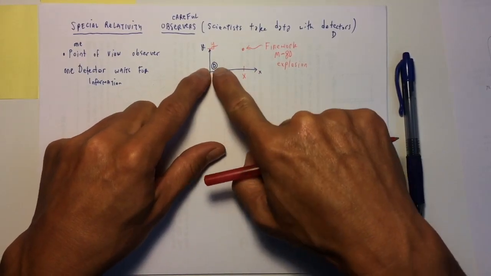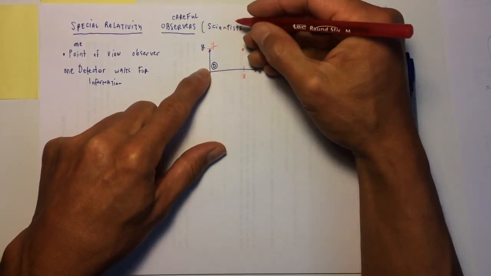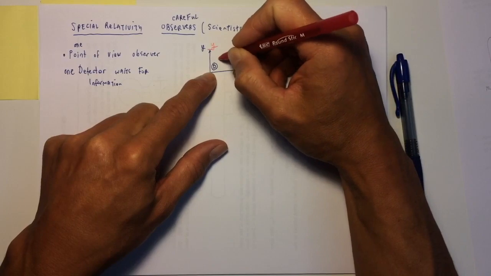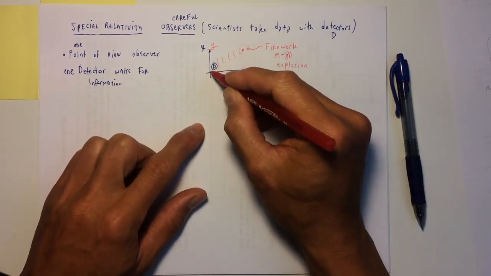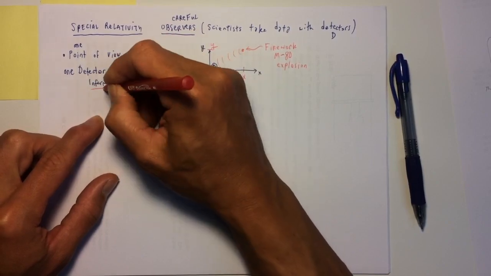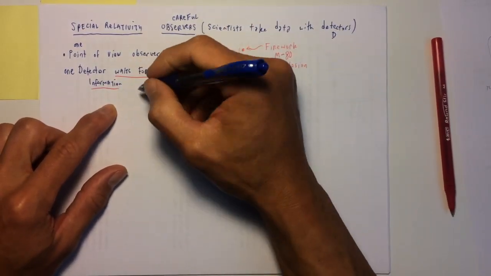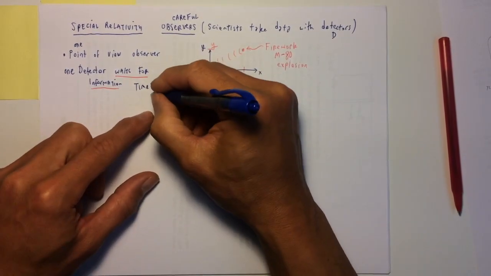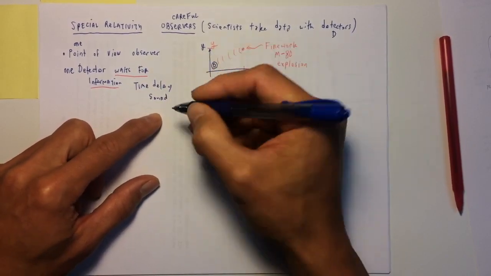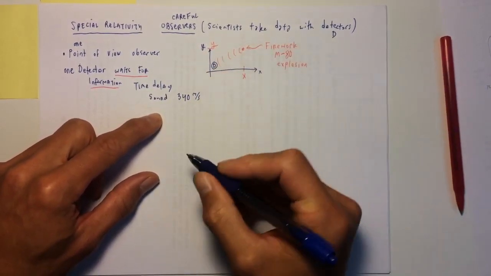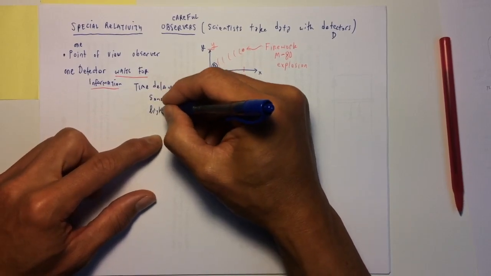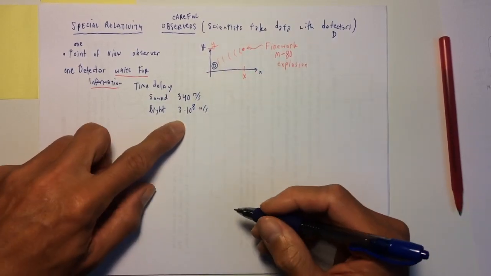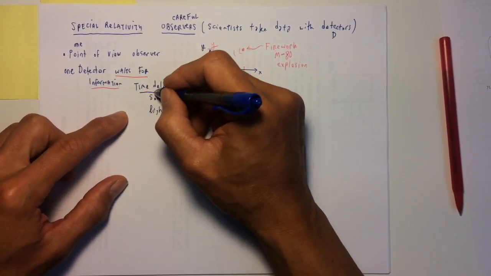But this detector is far away from the explosion, and so this detector doesn't get information about the explosion until information gets there, right? You have to wait for information. So there is a time delay, and there's a time delay because sound travels at 340 meters per second, for example, and light travels at 3 times 10 to the 8th meters per second, roughly. So there's a time delay.